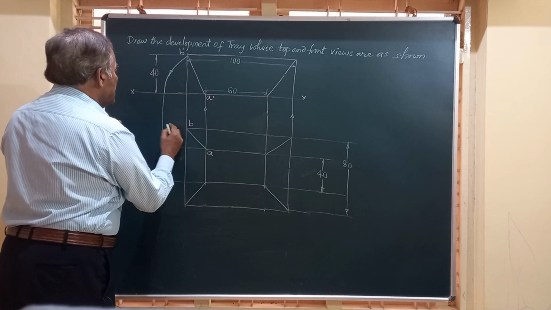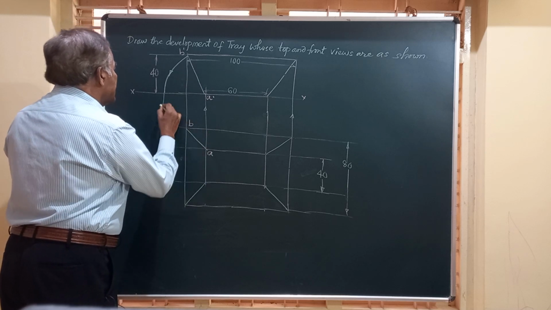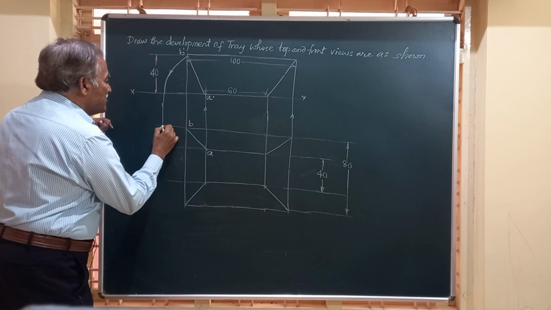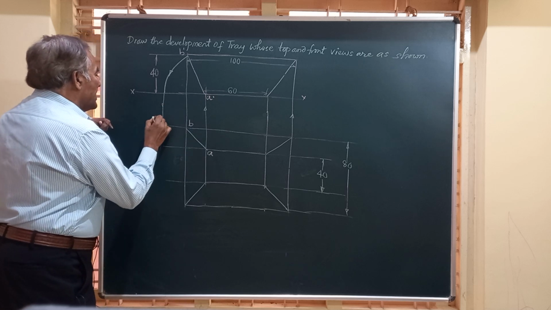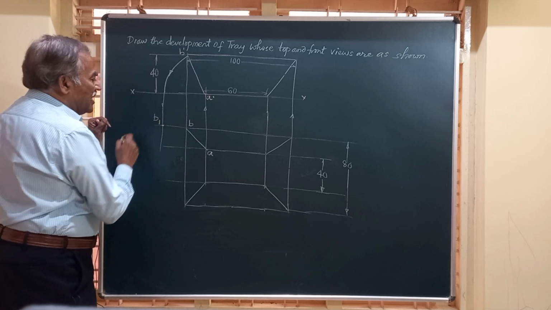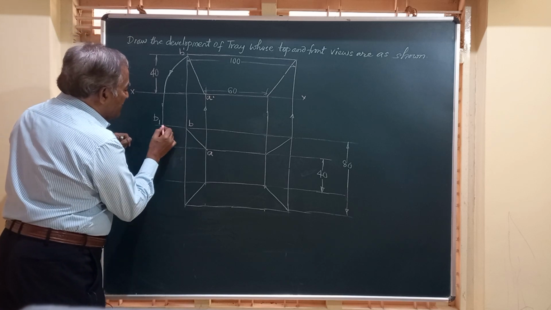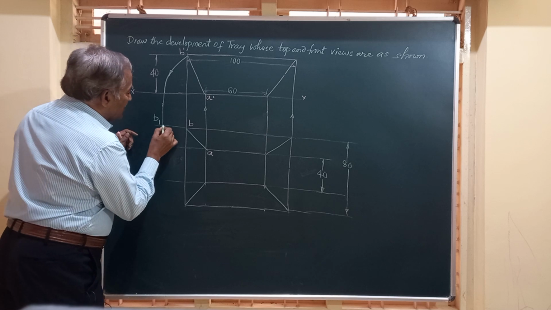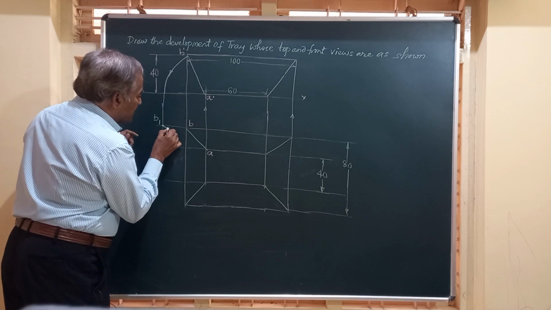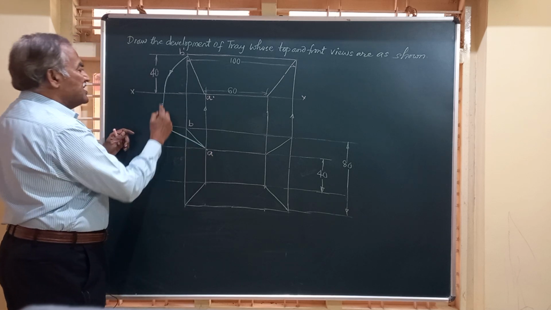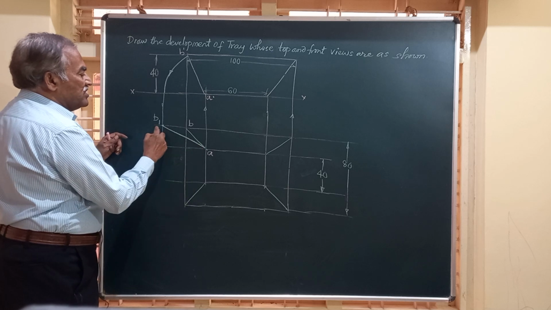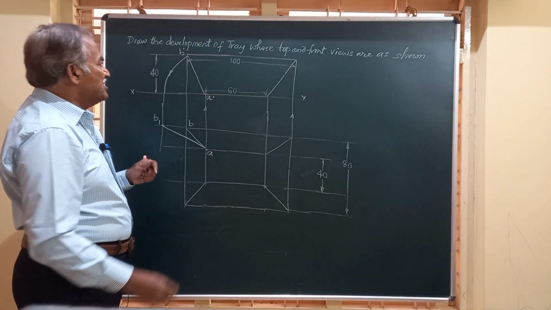So we are going to bring it to the locus of this till here, and I am going to get this point as B1. And if you join A and B1, this AB1 will give you the true length of that edge. So I have joined this A to B1. This is the true length of that edge.